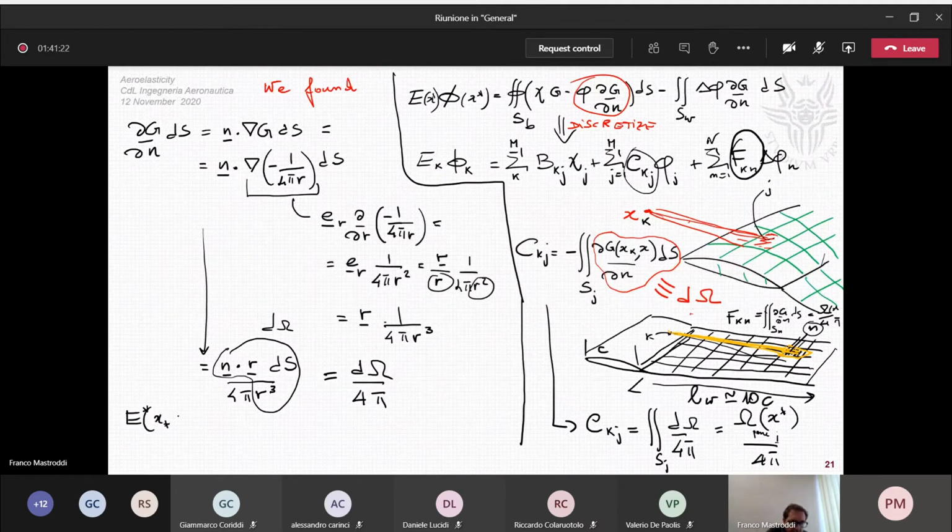E star is a function defined as equal to 1 if x star is outside the body surface, and equal to 0 if x star is inside the body surface. This is the body surface, okay?